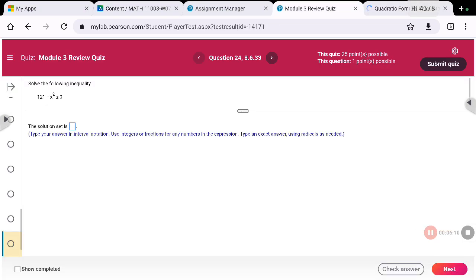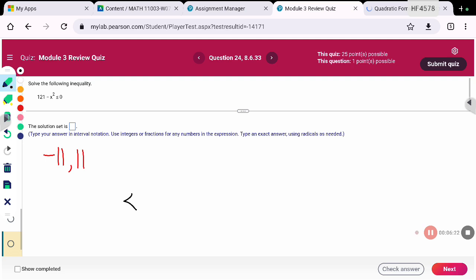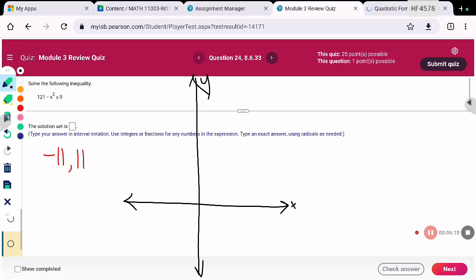So those are going to be your x-intercepts. So negative 11 and positive 11. So there's your x-intercepts.